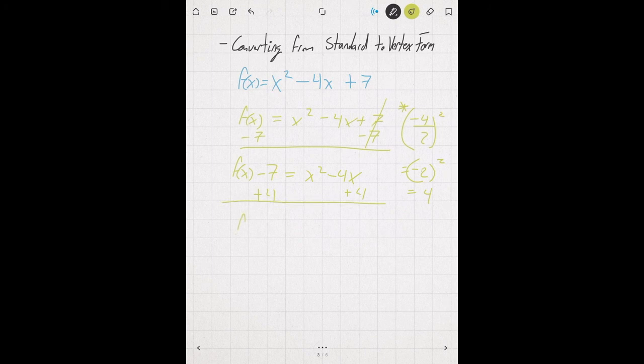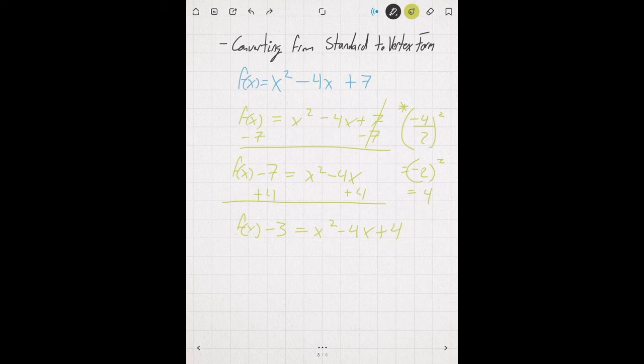So we have the function minus 3 is equal to x squared minus 4x plus 4. Remember, these are like terms and they do combine to negative 3. So the next thing that we had to do was attempt to factor this down. The whole point of completing the square was to try to factor down a polynomial that couldn't be factored.